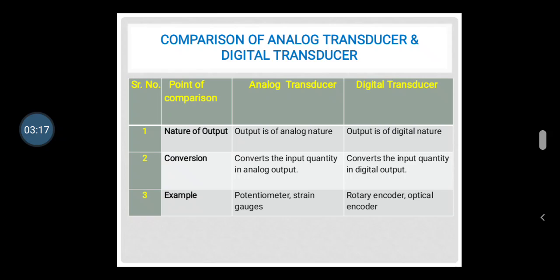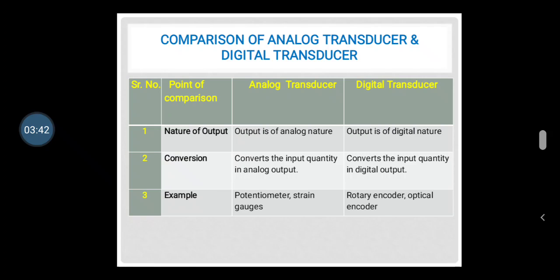An analog transducer converts the input quantity into an analog output, which is a continuous function of time. Whereas a digital transducer converts the input quantity into a digital output by using an ADC, analog to digital converter.